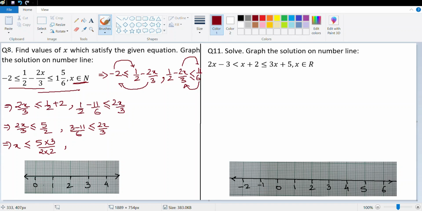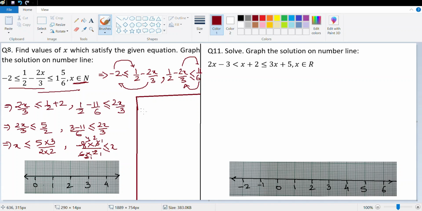In this case, this is 3 minus 11, that's negative 8 multiplied with 3 upon 6 into 2 is less than equal to x. So my solution set would look something like this.